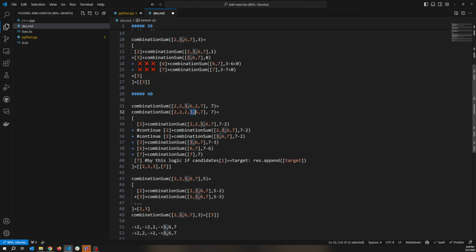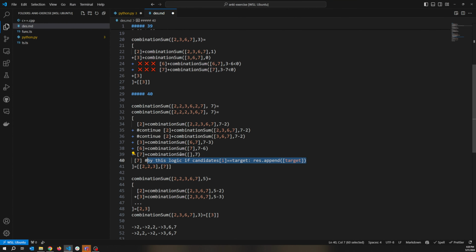And then for 3, we know it's going to be 6 and 7, because it's going to include the next one. And then for 7, basically, it includes nothing, and then 7 itself, because we still have this logic. Yeah.